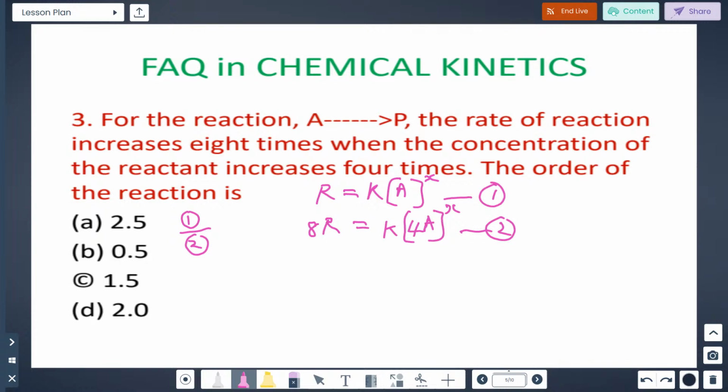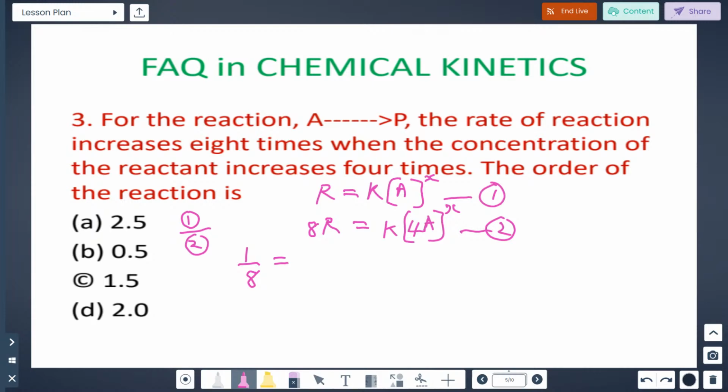We get 1 by 8, which is equal to, when we divide this by this, K cancels, then this one, here 4 power x into A power x. Can I write like this?